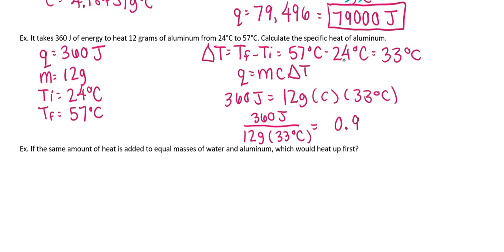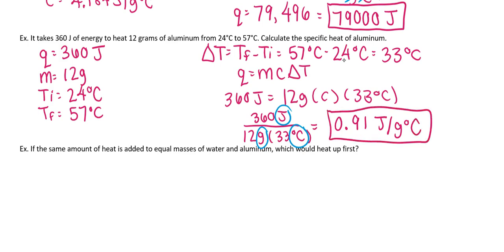Keeping two significant figures, I would get 0.91. Look at your units. Joules per gram, degree Celsius. Units for specific heat. How much energy does it take to raise 1 gram of a substance by 1 degree Celsius? Joules per gram, degree Celsius.